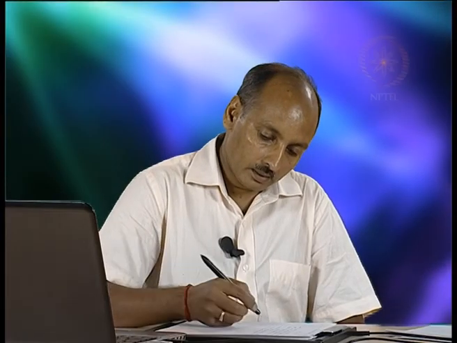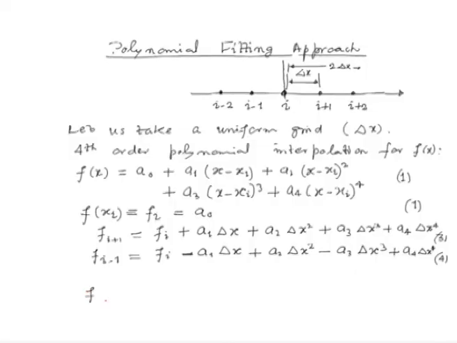Next, equate the values at point i+2. So f of i+2 is equal to fi plus 2 delta x times a1.